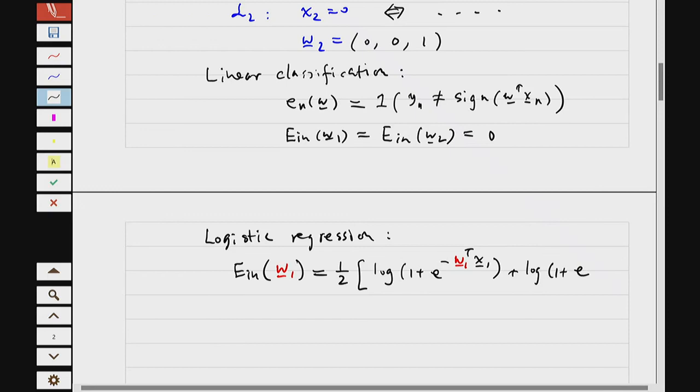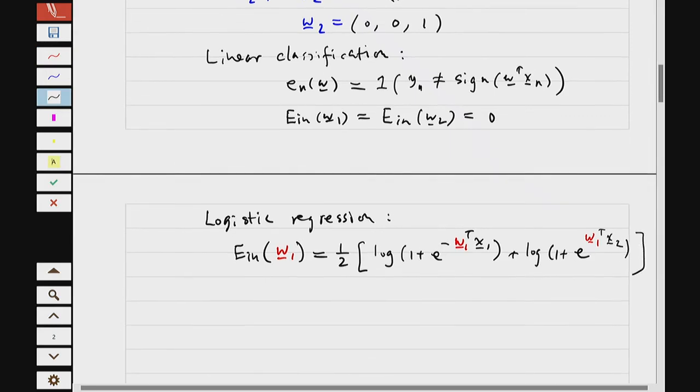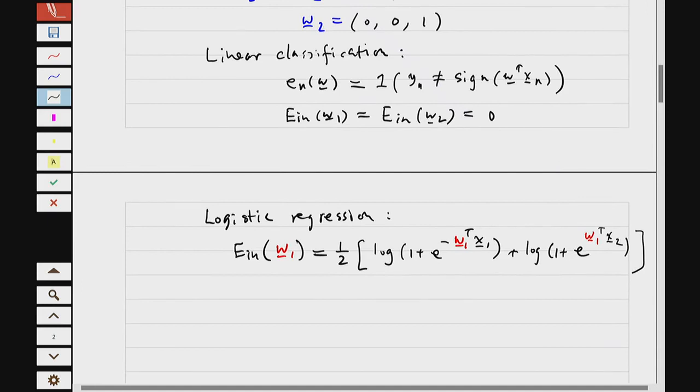For the second point, because y_n is negative, we have positive W1 transpose x2, negative, negative cancel out. Everyone okay with how we get to this point? Why there's a sign change between this term and that term? Because we have to account for the y_n, the true label. Don't forget.